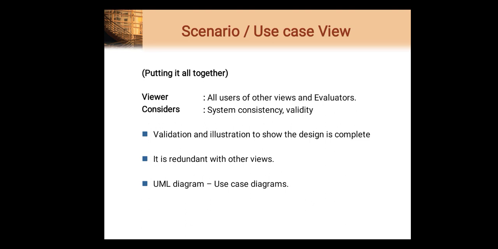So what does this scenario exactly explain? The validation as well as the illustration to show whether the design is complete or not. It is redundant with other views, and the UML diagram used for representing the scenario is the use case diagram, because in each use case we are describing the scenario of each and every actor or the system or each and every element included in that diagram.